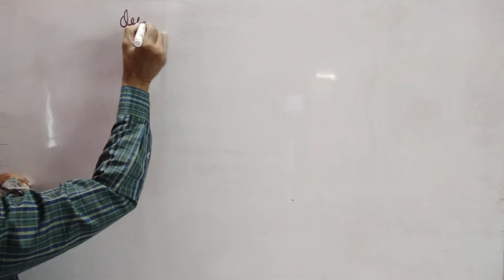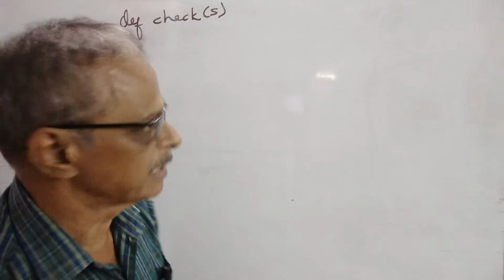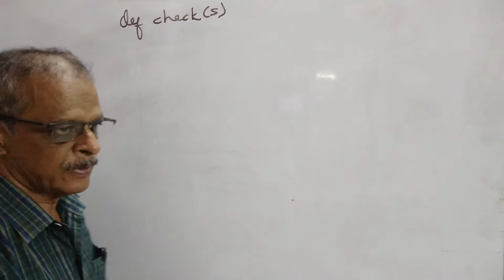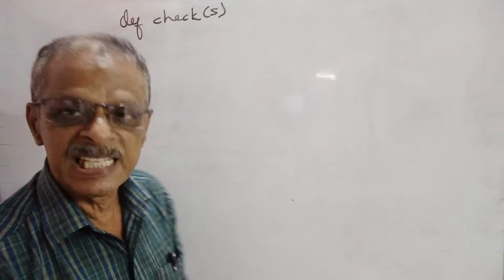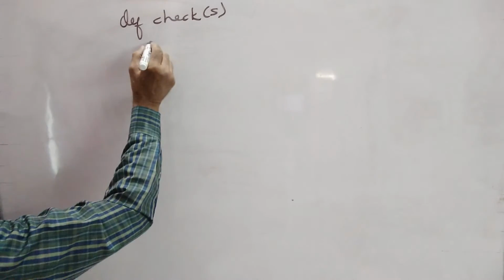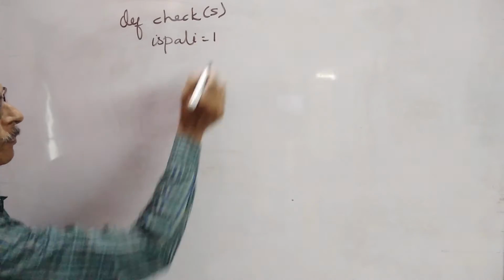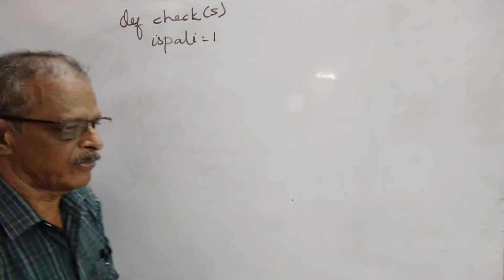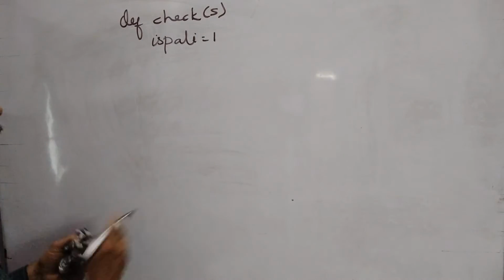Def check. Check is a method which takes a string. Here we consider the given string to be a palindrome initially. For that we introduce is pally equal to 1. It is a flag variable. Initially we consider the given string is a palindrome.